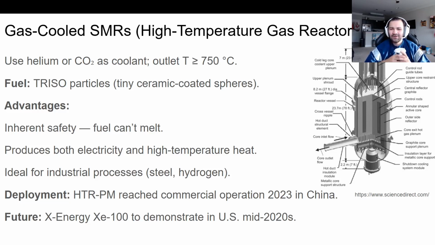So these are a lot less efficient in cooling. And when you learn a little bit more about nuclear power, you're going to realize that to be able to generate good energy, you want to have it at a cooler temperature, right? The temperature, like I said, is over 750 Celsius. That's really, really high.